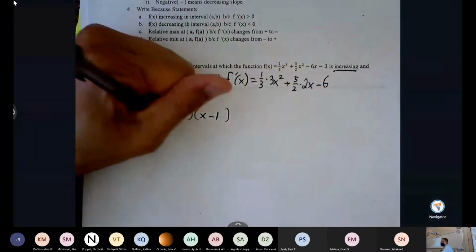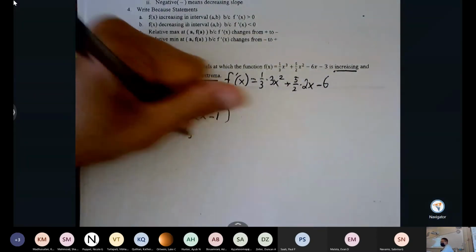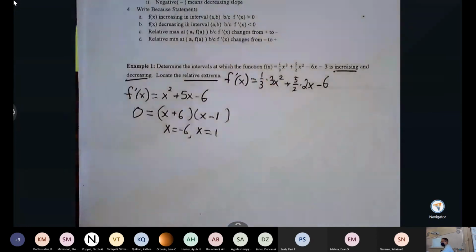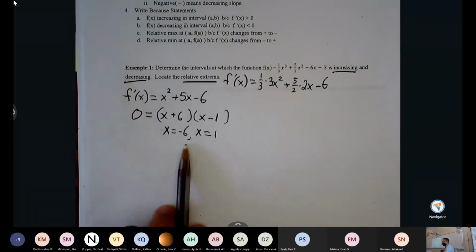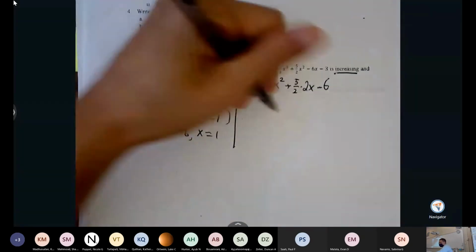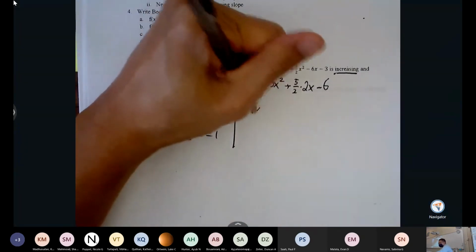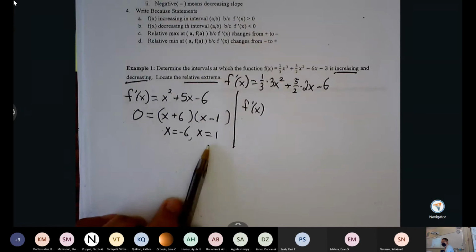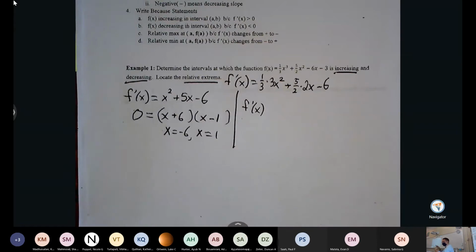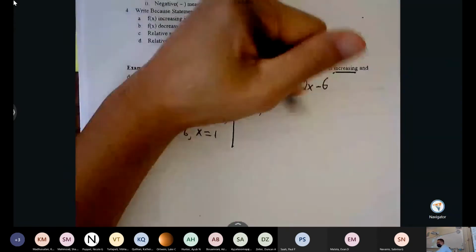Okay, solve for x. So these are the locations where our slope is 0. Remember, the purpose of this is to gather information about the behavior of the graph. We want to know where the graph is rising, where the graph is falling. And if we have a graph where slope is 0, it kind of helps us separate those intervals a bit. So create our sign line.